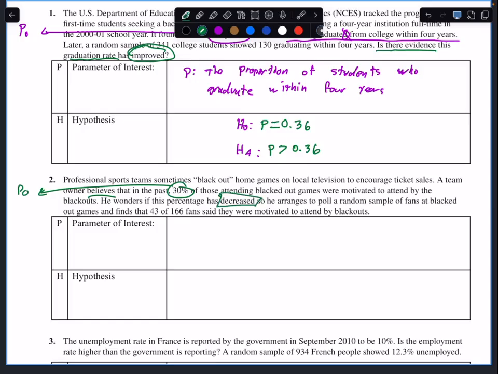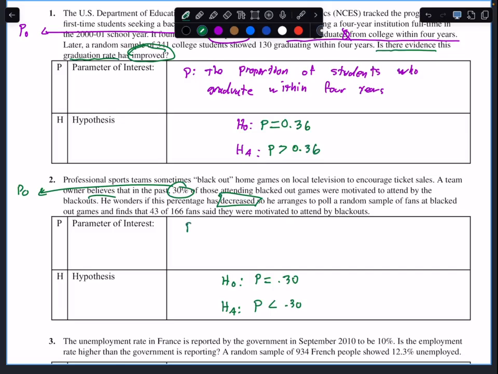So let's go straight to our null and alternative hypotheses. Our null hypothesis is that p equals 0.30. Our alternative: what are we looking for evidence of? Has it decreased, so p is less than 0.30.